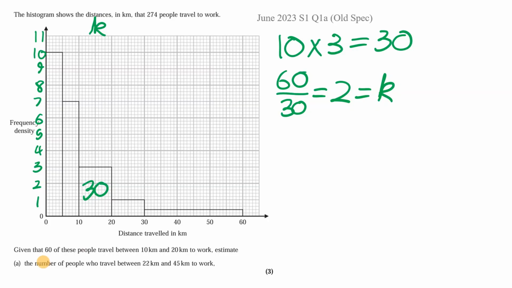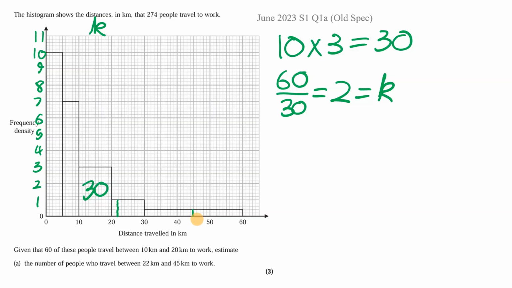Now we need to find the number of people who travel between 22 kilometers and 45 kilometers. So the way that we're going to do this is, 22 kilometers, if we look on the x-axis, is going to be here, okay? This is 22 kilometers, and 45 kilometers is going to be here, okay?